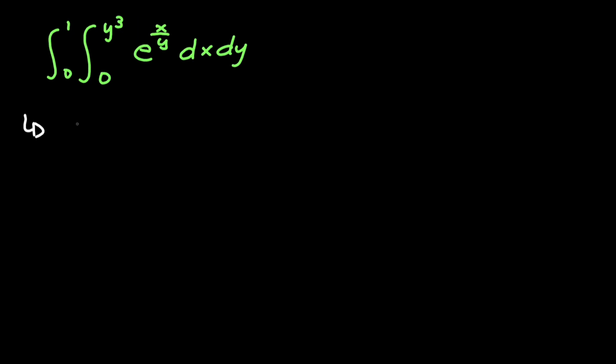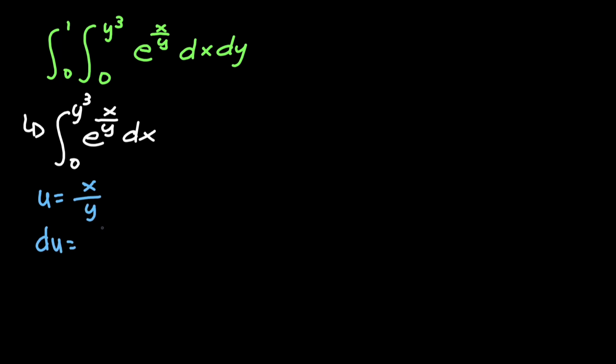Let us now start with this one. So focus on the inner first. So we'll have the integral of e raised to the power of x over y of dx. And so let u here be x over y, and du right here will be equal to 1 over y dx.